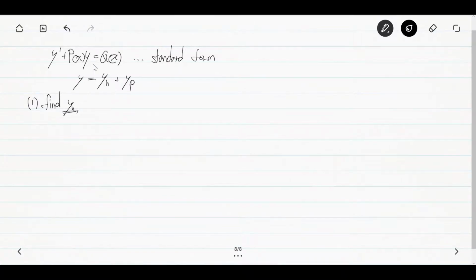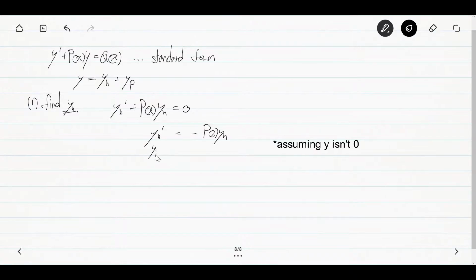So the homogeneous solution needs to satisfy the following equation. Now let's solve this. Let's put this to the right side. So we will get this. If you divide both sides by y_h, considering it's not 0, this is the form that we can integrate.